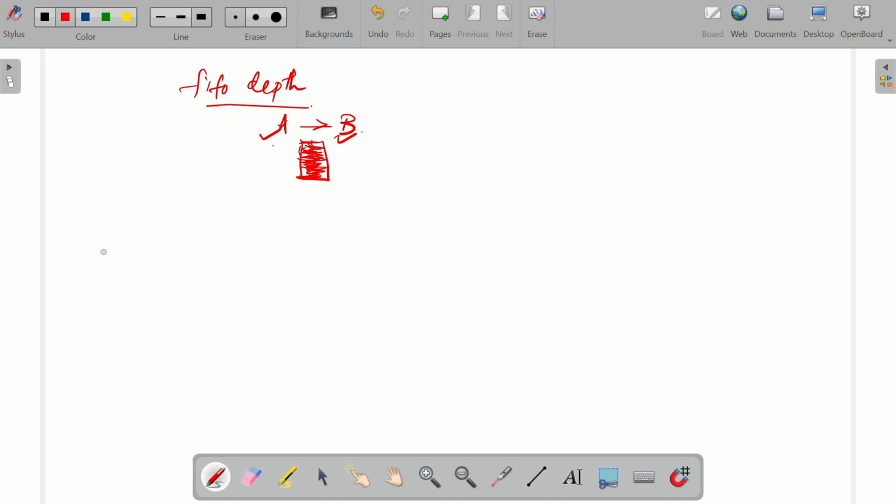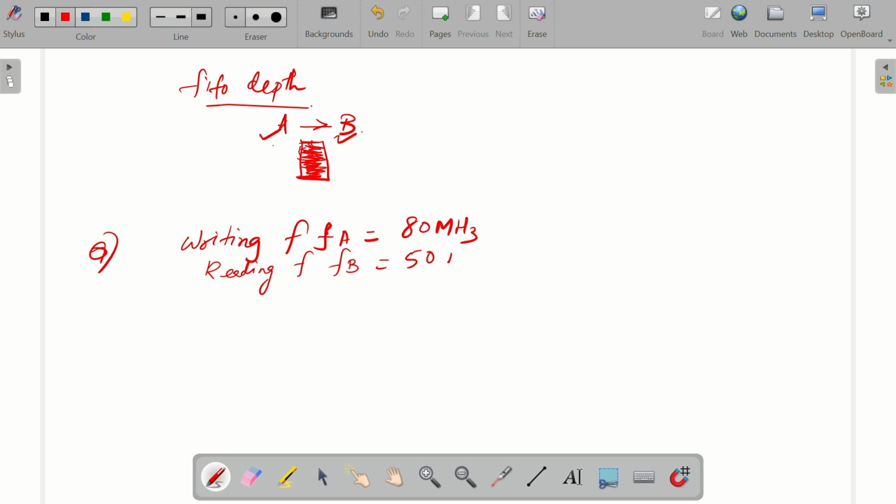Let's say my writing frequency, that is the frequency of domain A, FA, is 80 megahertz, and my reading frequency, which is the frequency of domain B, is 50 megahertz.